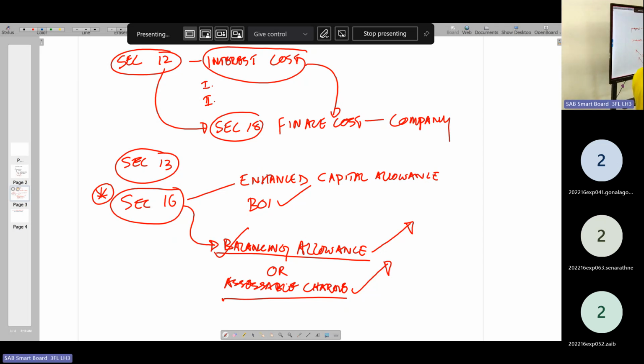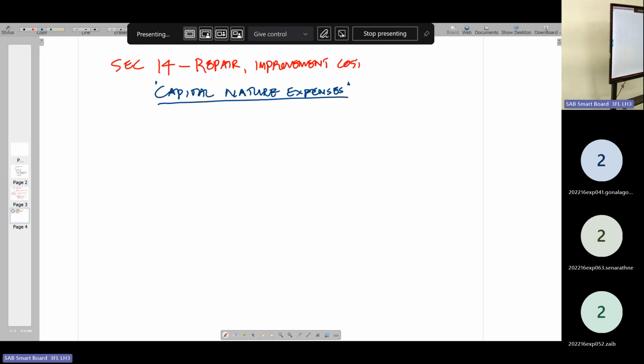So you know that repair and improvement cost shall be incurred for the depreciable asset, a depreciable asset which is used in the business. In such a case, we can deduct repair and improvement even though that is in the nature of capital expenditure. The section says in case of repair, there is no restriction. We can deduct the entire thing.